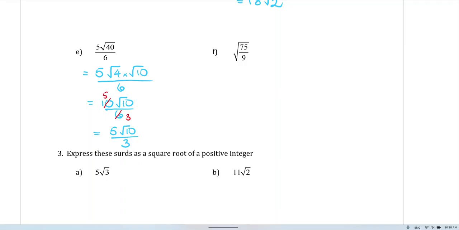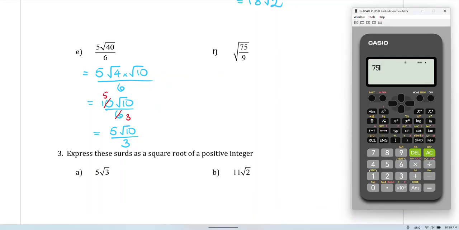Question F. When you are simplifying a fraction underneath the surd, there are 2 ways that you could do this question. So I'm going to do it both ways just to show you. First of all, you could simplify down the fraction underneath. So if I typed in 75 over 9, it simplifies down to 25 over 3.